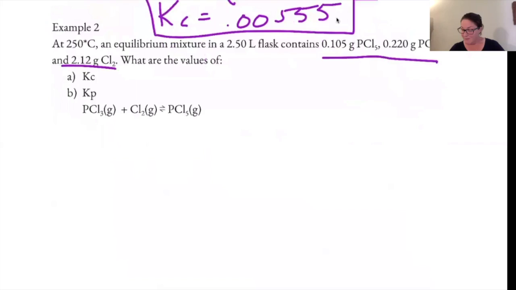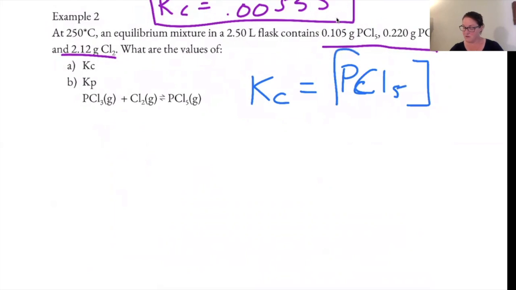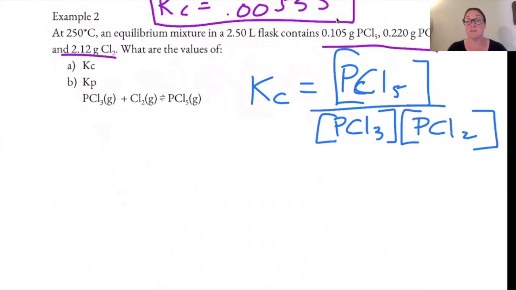Okay, so if I'm going to get Kc, my equilibrium expression is going to be the concentration of PCl5 over the concentration of PCl3 times Cl2. I need to get the molarities of each one in order to plug them in.